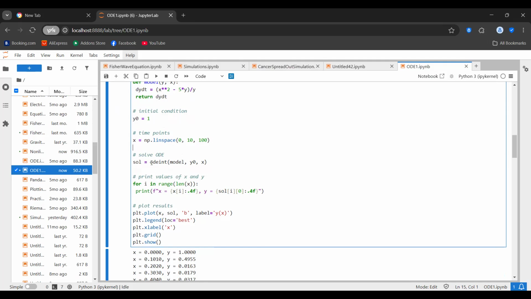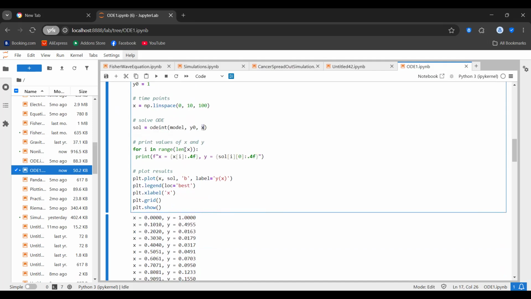Then we have the solution of the ordinary differential equations, y sub 0, the first value of y. We have the x here. So for i in range, the length of x from 0 to 10, our i here is from 0 to 9.